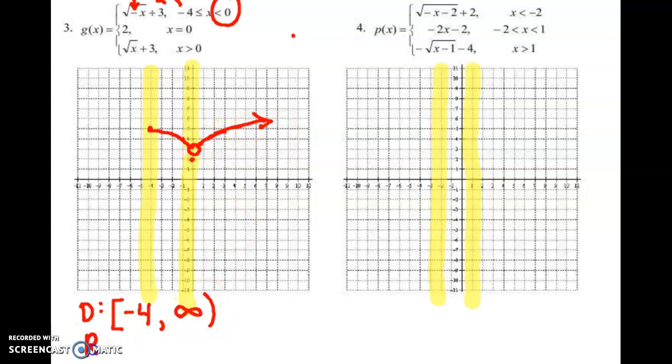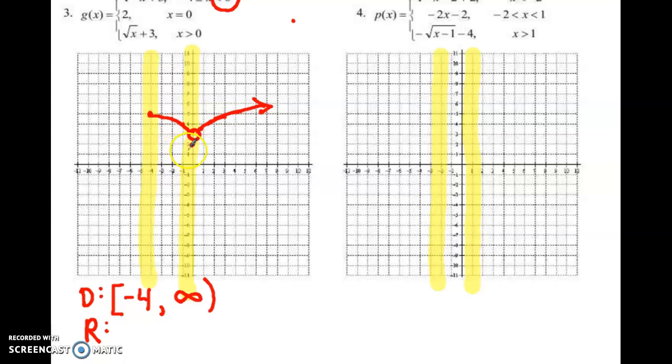Now the range is a little bit trickier because there's not really an interval at y equals 2. I'm not sure if you learned this in Algebra 2, but sometimes we use a brace to say that we have this value, or, and the math symbol we use for or is this union symbol. I don't think you've seen that before, except you may have seen it in Algebra 2.